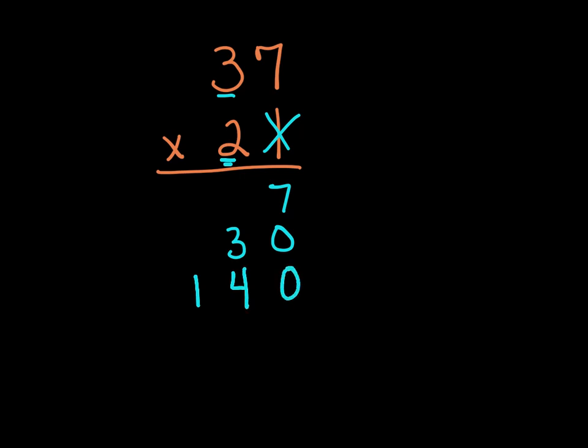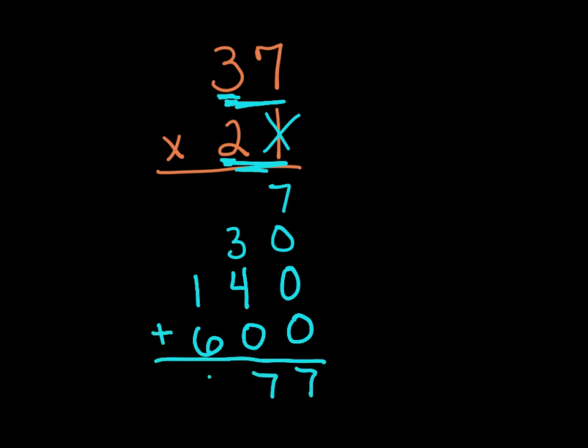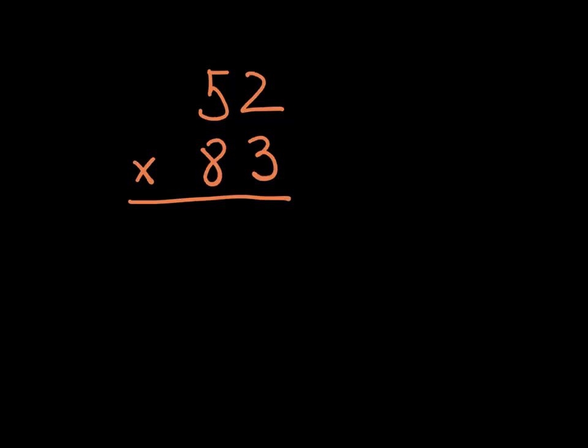Add your 0 because it's 20 times 7. Then we're going to go to 30 times 20 is 600. We add them up, and we get 7, 7, 7, 777. All right, continue on with the fun.